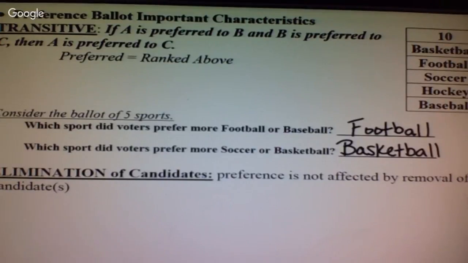Finally, the last thing that you need to know about a preference ballot. If you have to eliminate somebody, the order is not going to change. So if we take out football, the order doesn't change. Basketball is still in first. Soccer now moves into second.